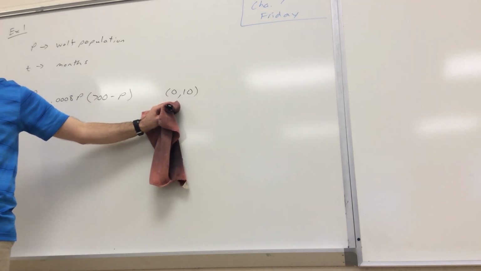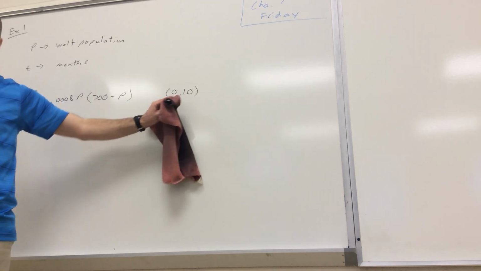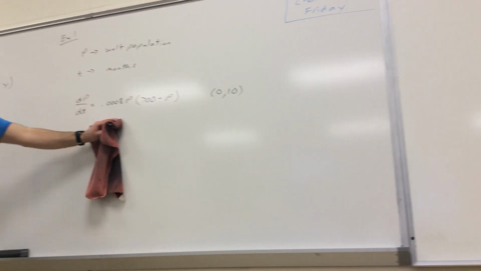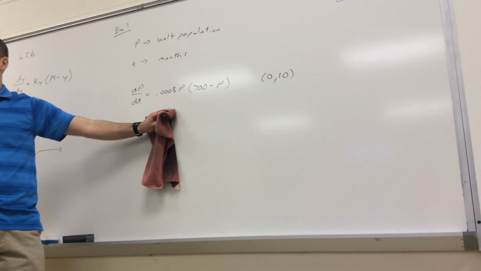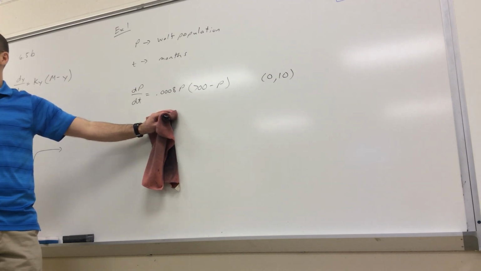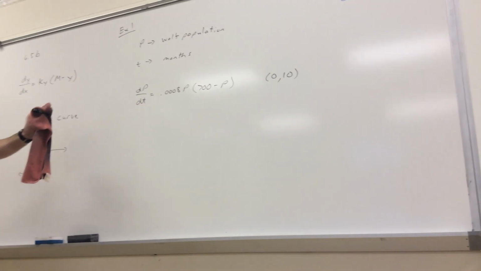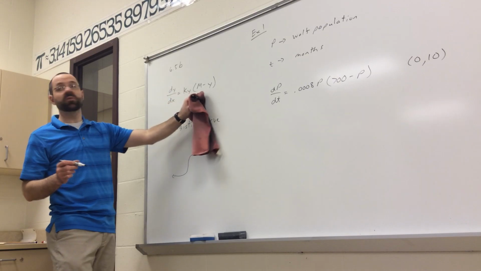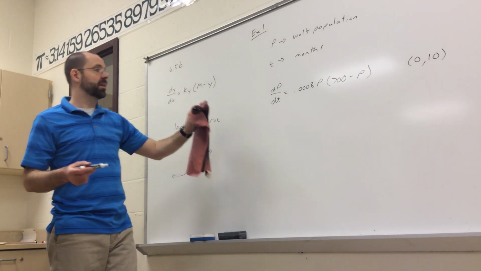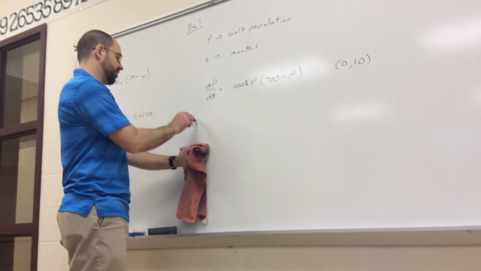So right at the start of the problem, at time t equals 0, there's 10 wolves. Then looking at this differential equation, what is the k? 0.0008, and what's the m? 700. So for a particular problem, the k and the m are going to be numbers, and the y, of course, is a variable.